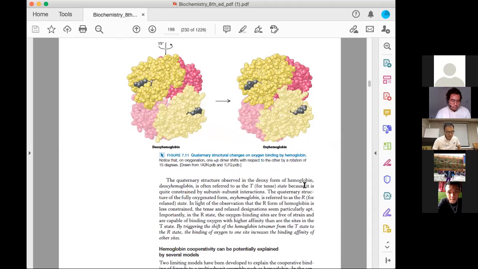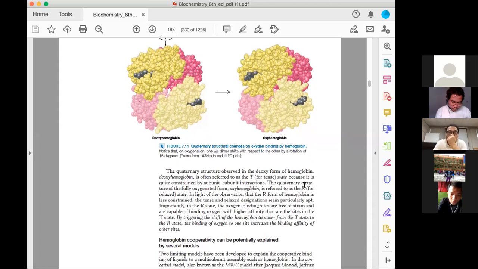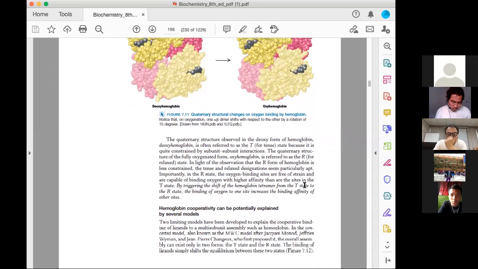Let me just, this is old, right? Is this the old book or the new one? It was borrowed from the library, so it should be the new one. It might be a different version. Just a second.